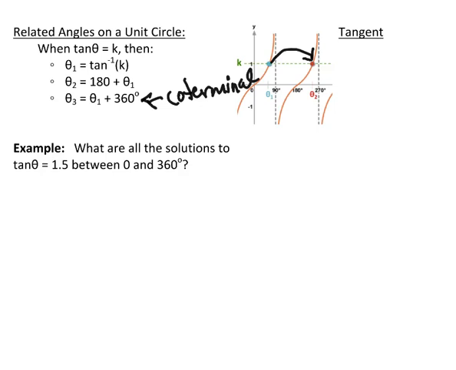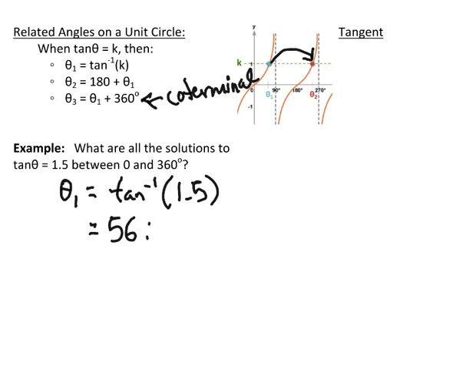So let's say we have tan theta equals 1.5. We want all the solutions between 0 and 360. Well, to get your first angle, you're going to do the inverse tan of 1.5. So inverse tan of 1.5 gives me 56.31 degrees. That's theta 1.